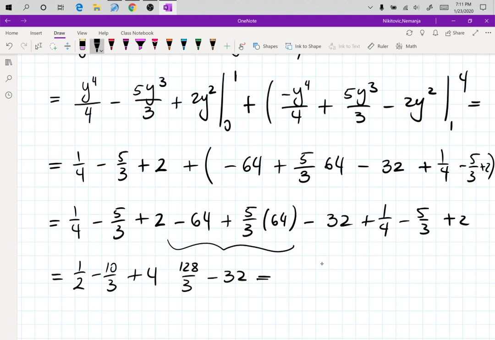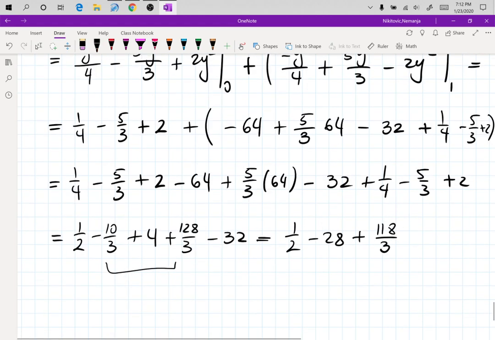Okay, let's see what else we can get. These two are already common denominators, so I have 1/2 minus 28 plus 118 over 3. That's still not divisible. Common denominator of 6. That's a 3 minus 28 times 6, right? Yeah, 28 times 6.